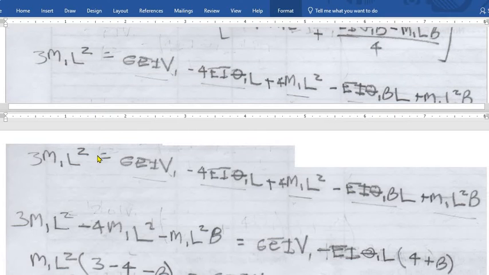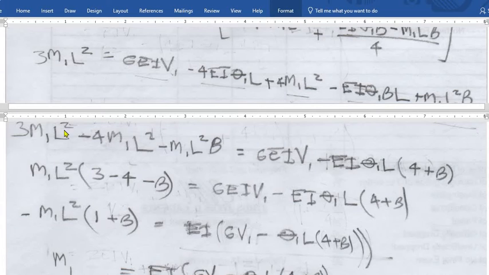Then, we simplify further. All terms with m1, we will move to the left side. Here it is. And then, we simplify again. Okay?